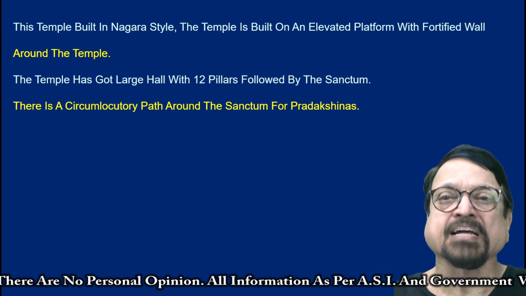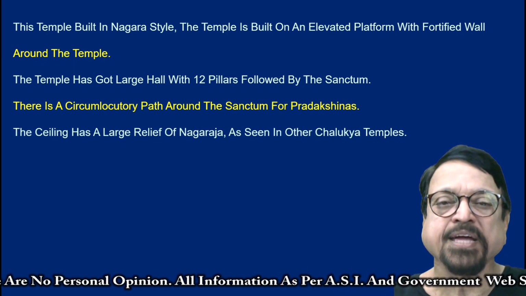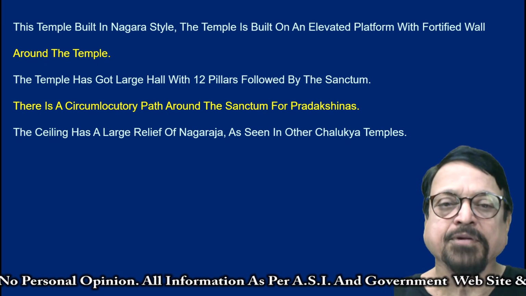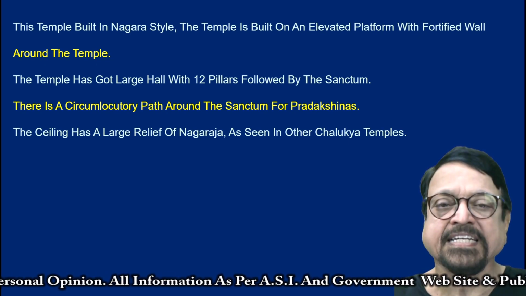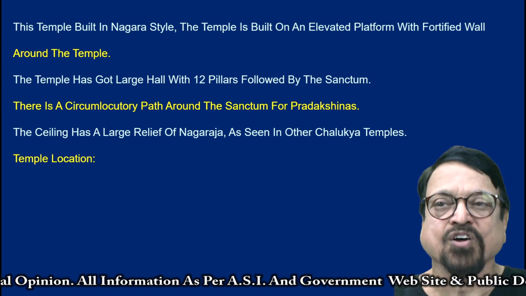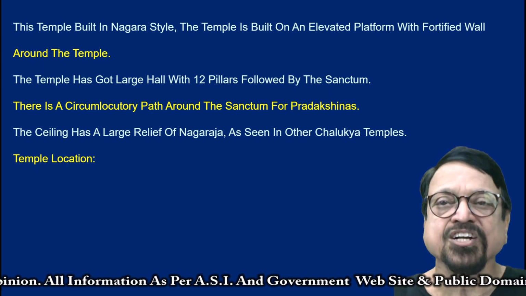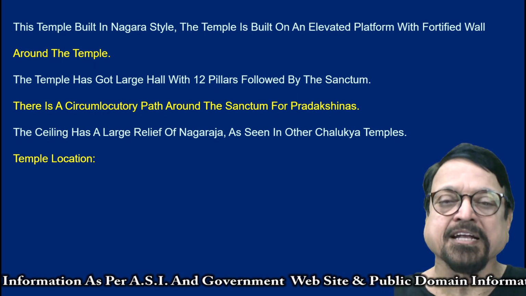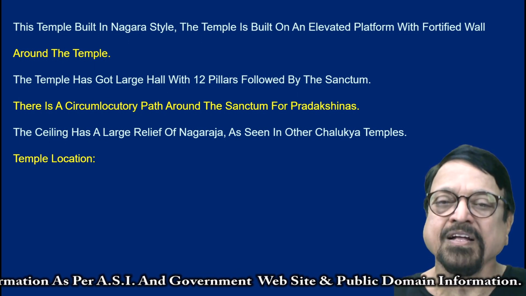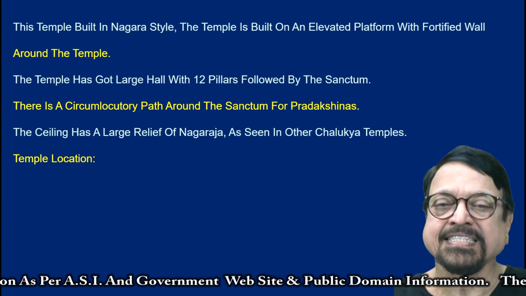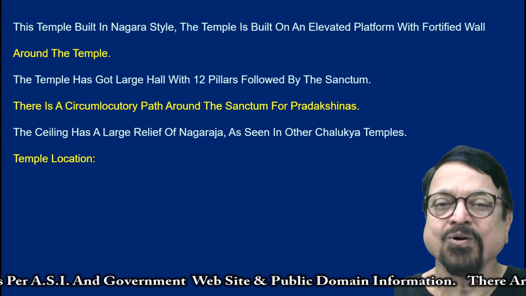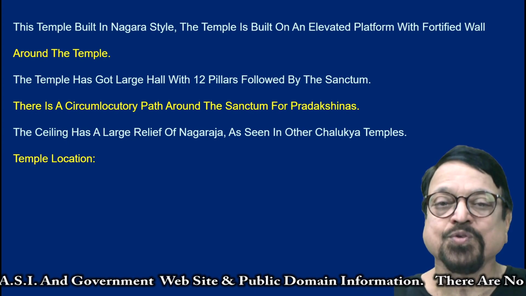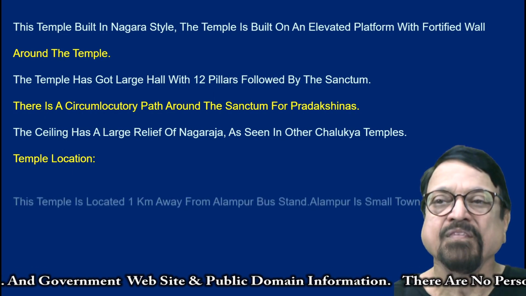There is an enclosed circumambulatory path, which indicates that the temple was constructed at a slightly later stage of evolution. The ceiling has large reliefs of Nagaraja, as seen in other Chalukya temples. They have the same or sometimes a typical type of many things of the Chalukyas, which we will be seeing in this temple also.